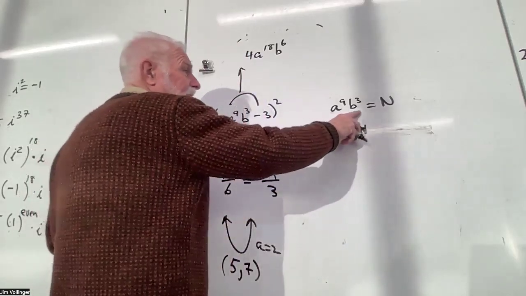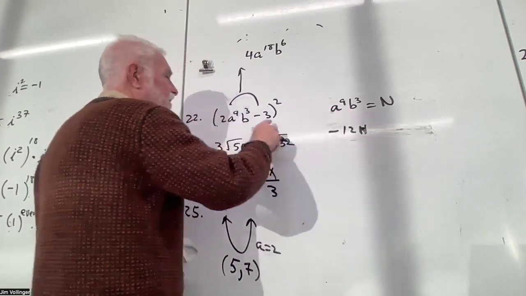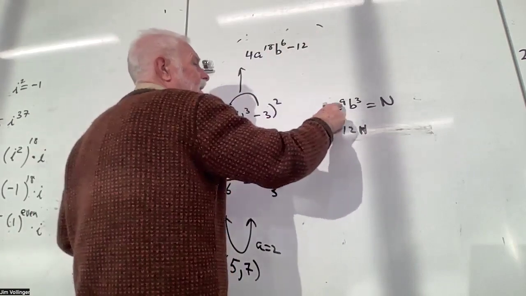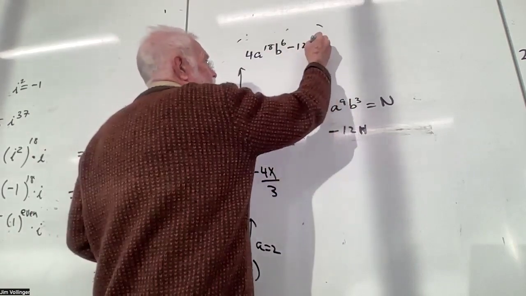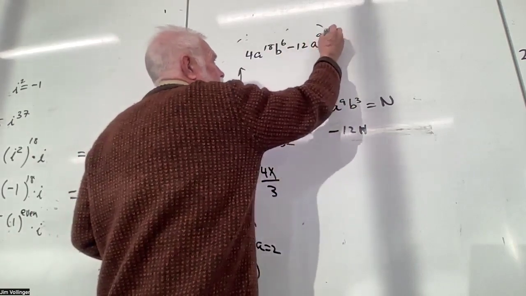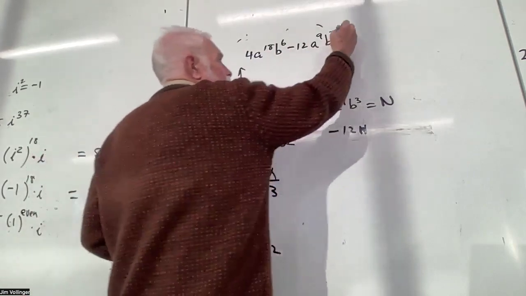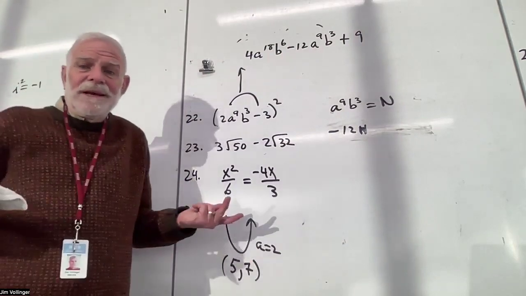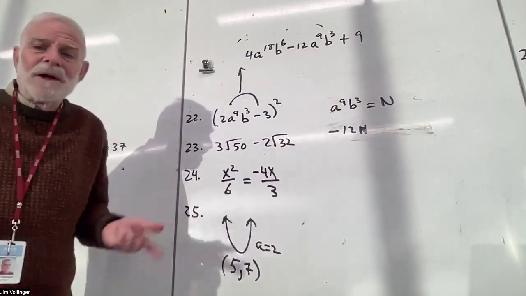But my n's are a^9 b^3. So I have -6 doubled, -12 a^9 b^3. Squaring the last term, always positive. And I'm hoping that's a 20-second question, just the amount of time it takes to write it on the answer key.